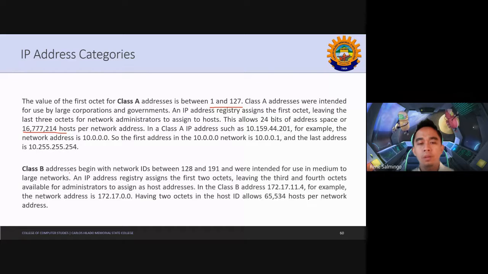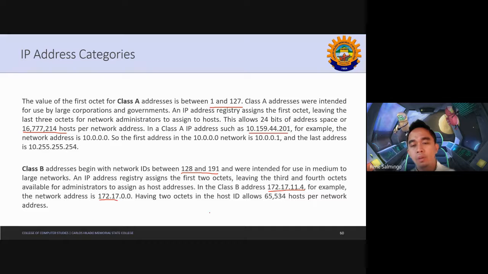Now for class B, you have values from 128 to 191. Earlier we had an example related to this one, 172. So this is class B, and this one is a class A example. So if you have this example, your network ID would be 172.17, and your host ID would be this one, 11.4.